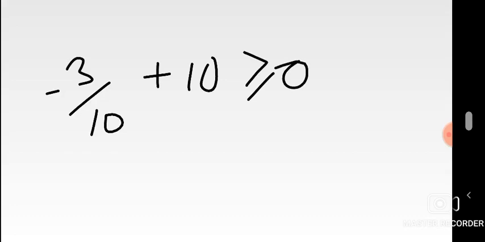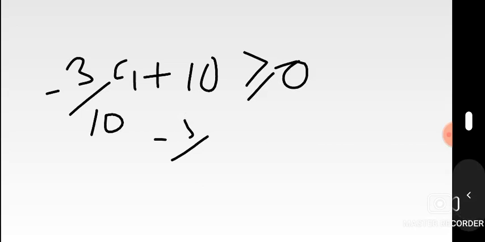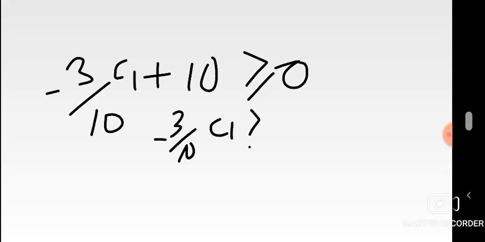Then try to make C1 the subject of your formula again. So okay, first of all, you can do this. 3 over 10. Sorry for that one. Let me try to rewrite this. And then you cross it as well. And then get rid of the 10 there.